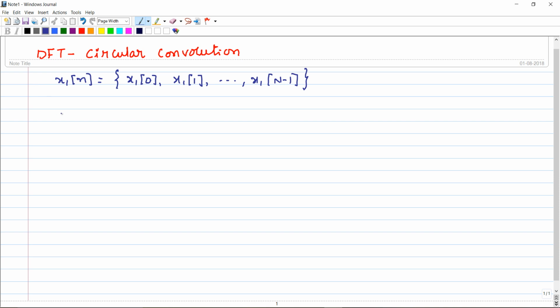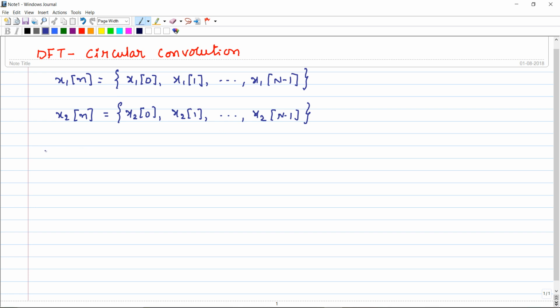And we have another signal x2 of n, which is defined as x2 of 0, x2 of 1, and so on up to x2 of n minus 1. So the support of these two signals is from 0 to n minus 1.